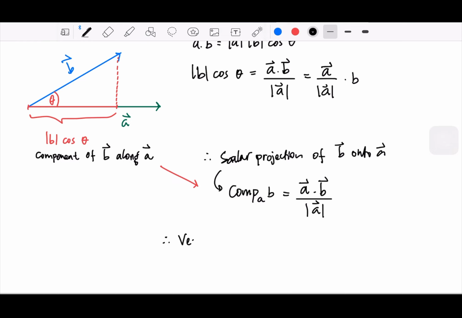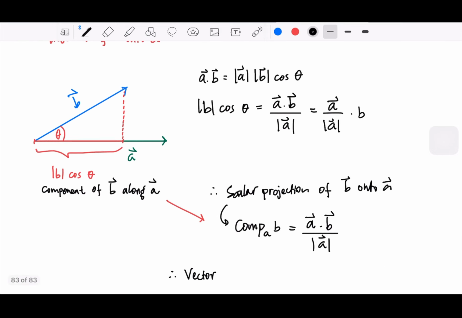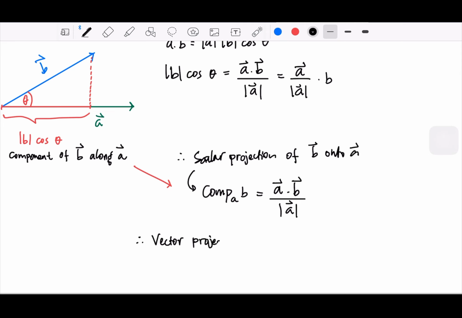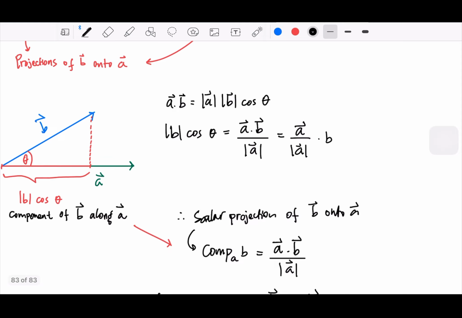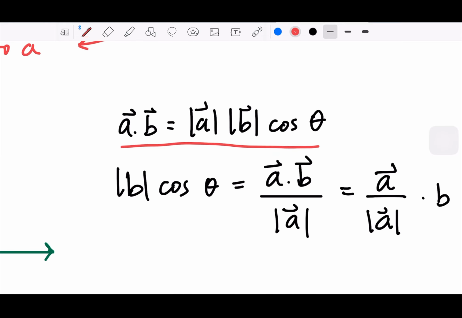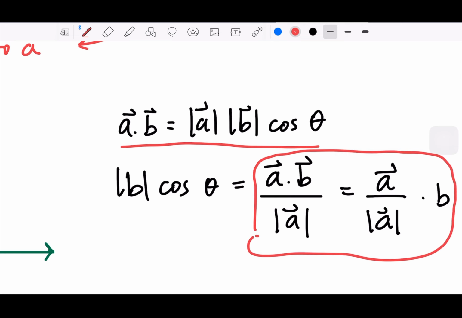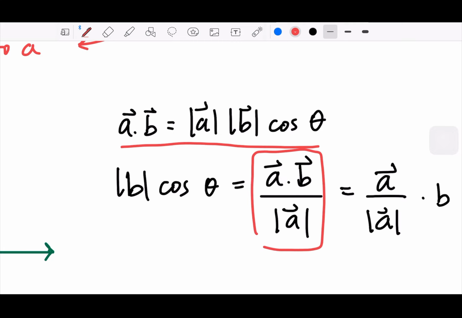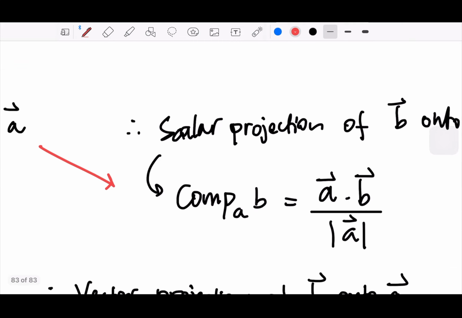The other one is the vector projection, which we already discussed at the beginning. So the vector projection of B onto A, we sometimes write as proj A B like that, and then equals. Remember that we have this definition, and our B cos theta we can rewrite as this, to be precise. So we can exchange this into our equation.